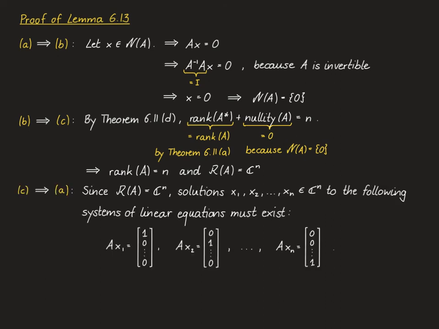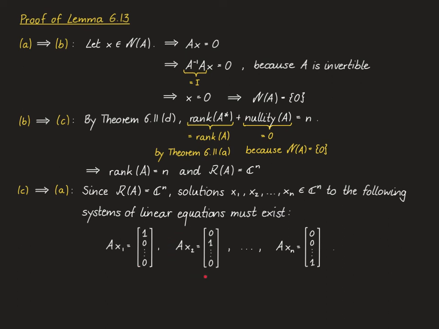Third, for the proof of C implies A, we have by assumption that the range space of A equals C^n, and therefore solutions x1 through xn in C^n must exist to the following systems of linear equations. In the first system of equations, x1 is the solution to A x1 equals the first unit vector.